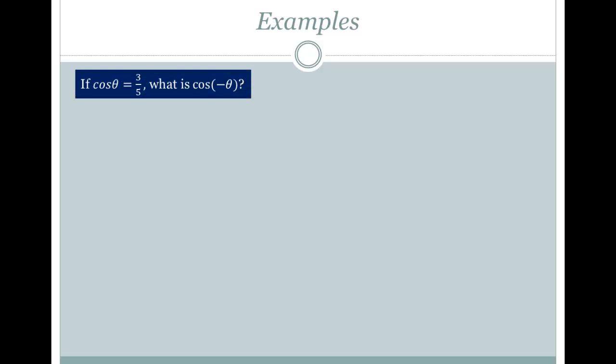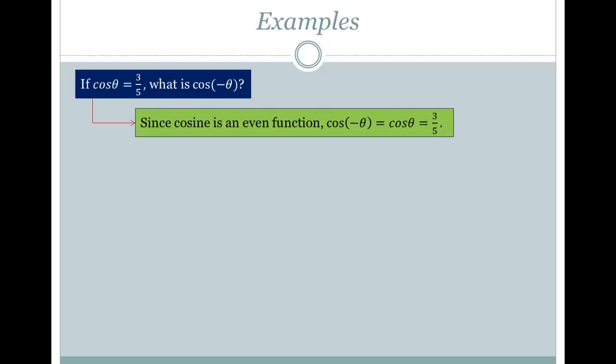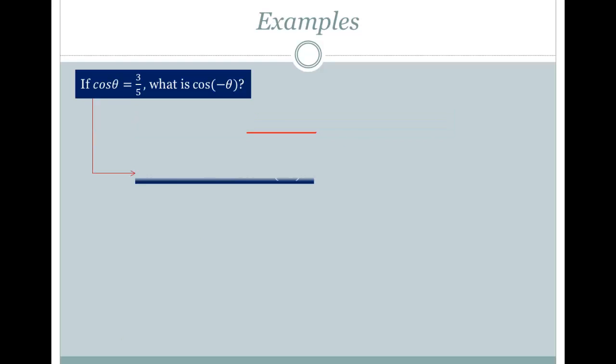If cosine of theta is equal to 3/5, what is the cosine of negative theta? Well, again, using the fact that cosine is an even function, cosine of negative theta is going to be equal to cosine of theta, so I simply get 3/5. Okay? This is because it's an even function. What about secant of negative theta?